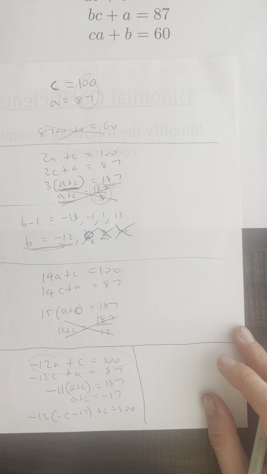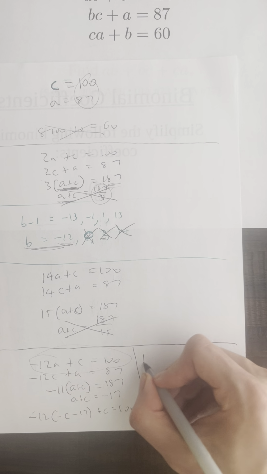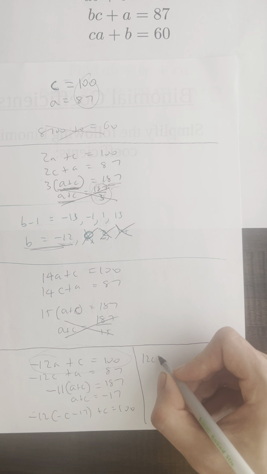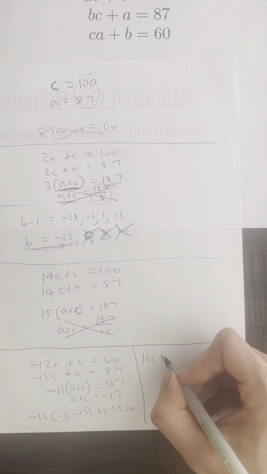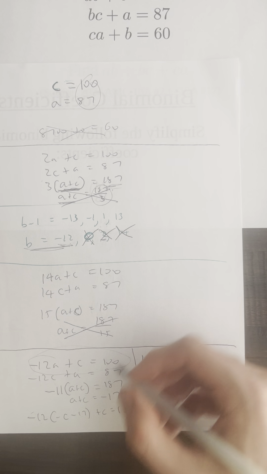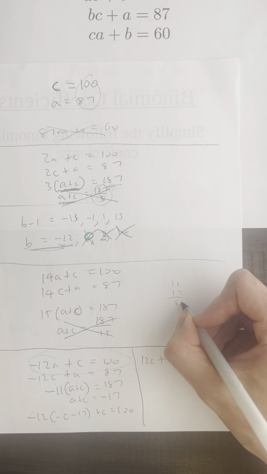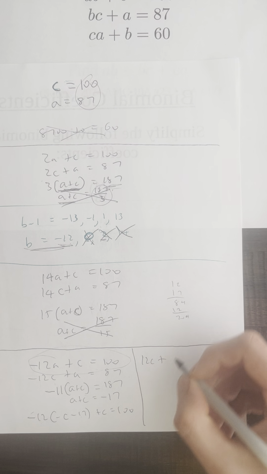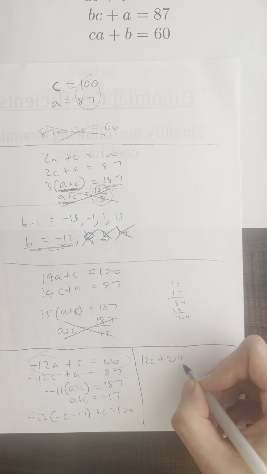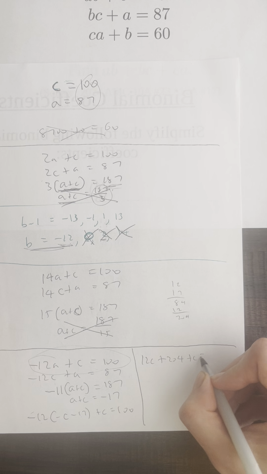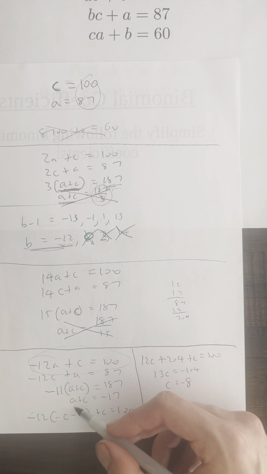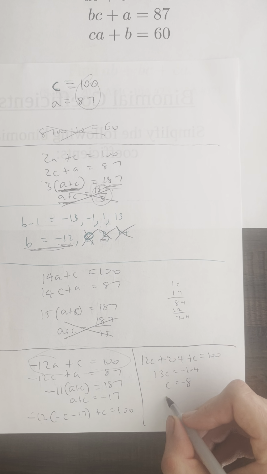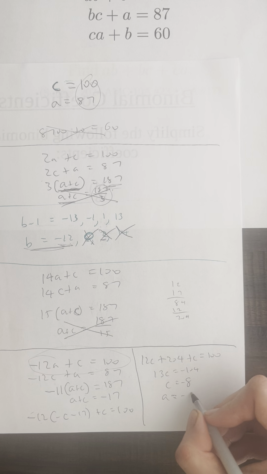So that means 12c plus, what's 12 times 17? 204. 204 plus c is equal to 100. 13c is equal to negative 104, so c is equal to negative 8. If c is negative 8, then a has to be negative 9.